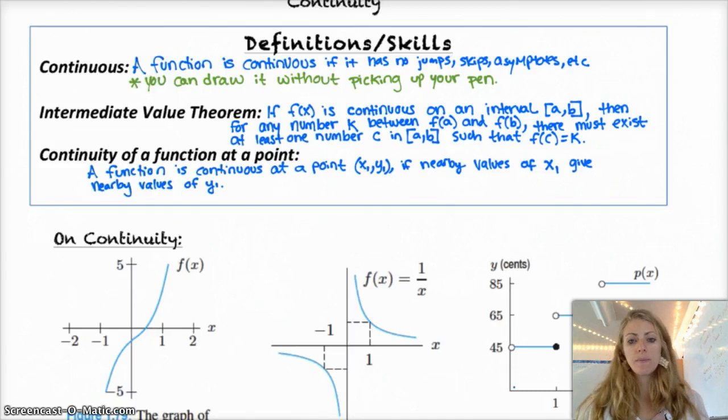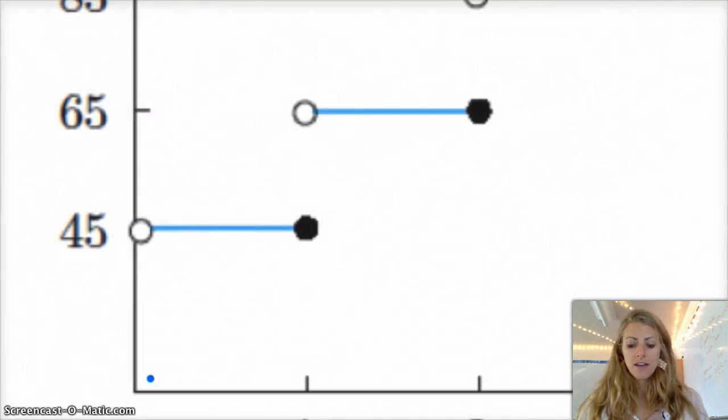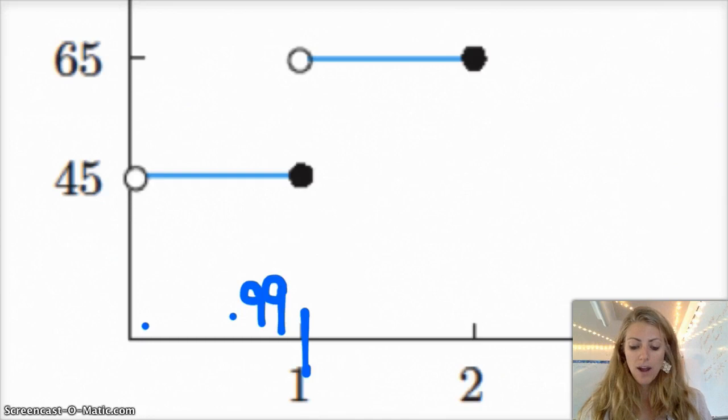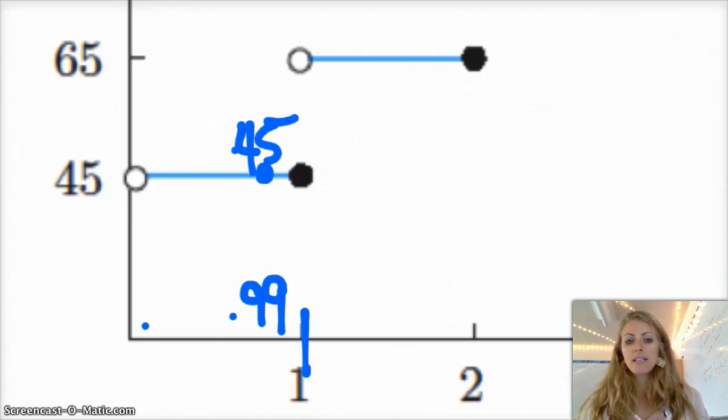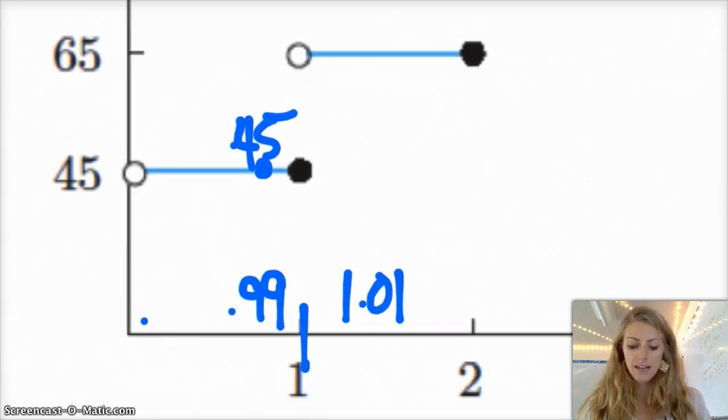So, for example, at this graph, a nearby x value of 1 might be 0.99 ounces, and that would give me a y value of 45 cents, right? And if I go to another nearby value of 1, which is maybe 1.01, a really close value to 1, I get a y value that is not near 45, it's 65, right?